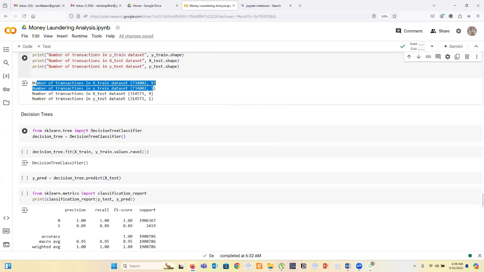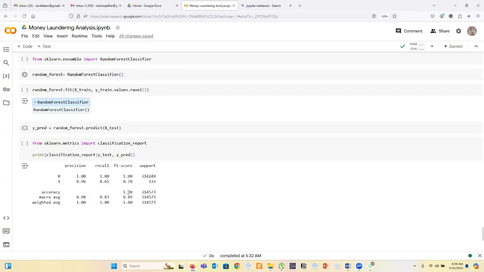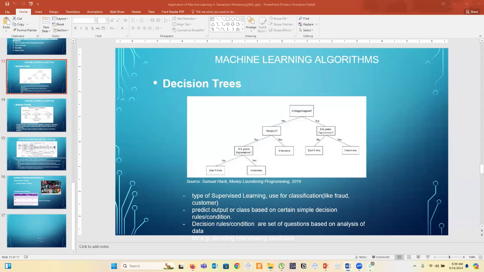Now we are using two algorithms here: decision tree and random forest. Let me explain what these algorithms are. Decision trees are used for classification problems, to solve the classification problem.